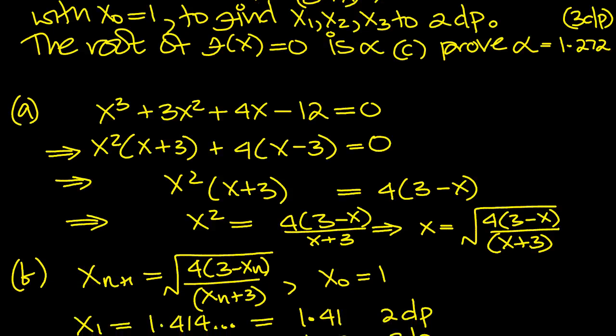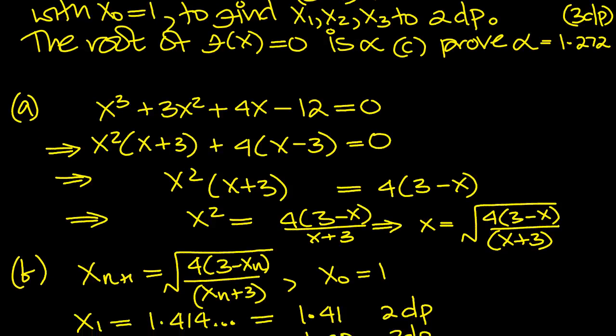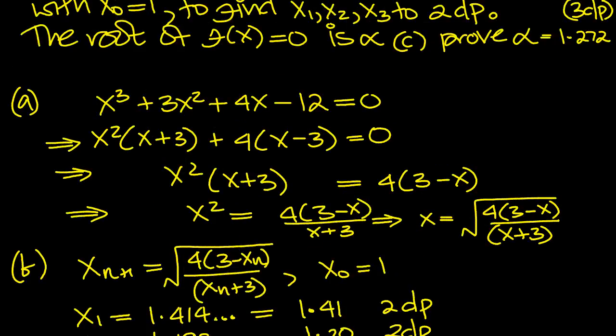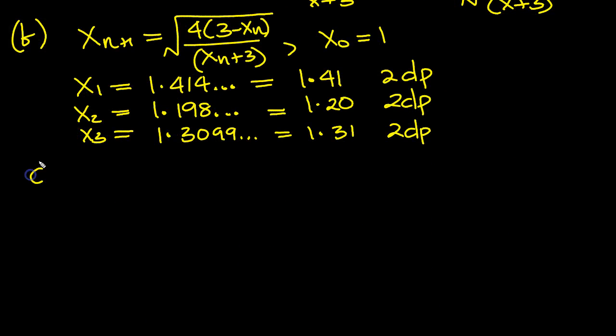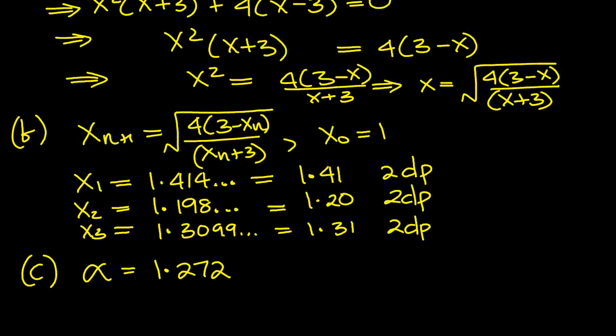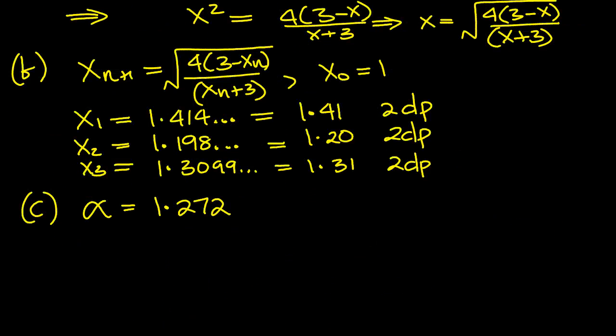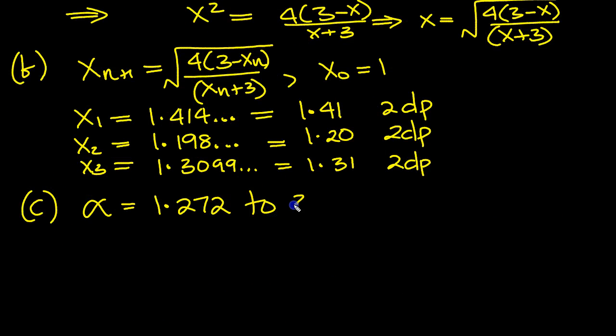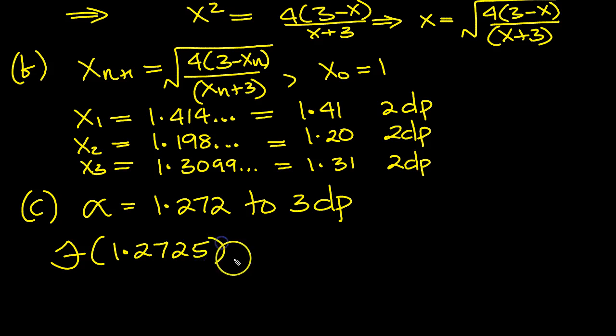We need to choose suitable values to show that f(x) equals 0, and we've got 1.272 is the root. We want to show that that is the root to how many decimal places? To 3 decimal places. Okay, so we're going to need to try f of 1.2725, aren't we?